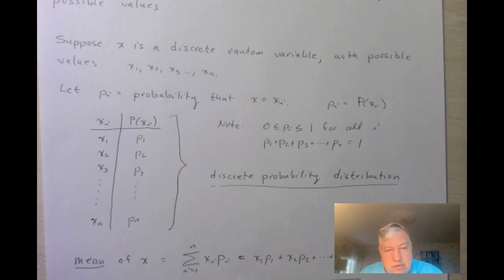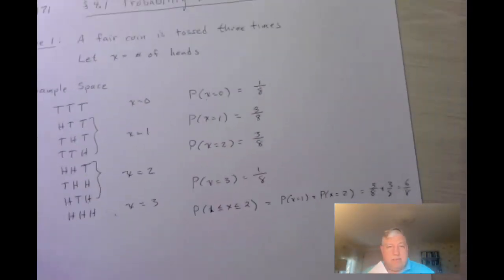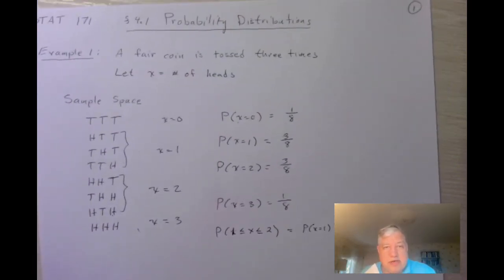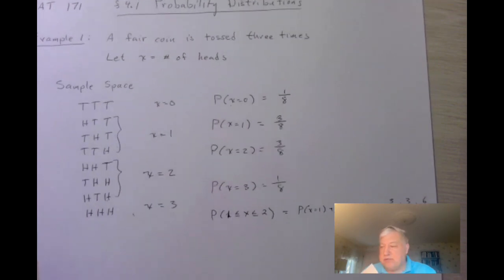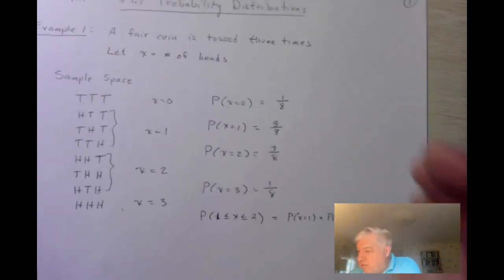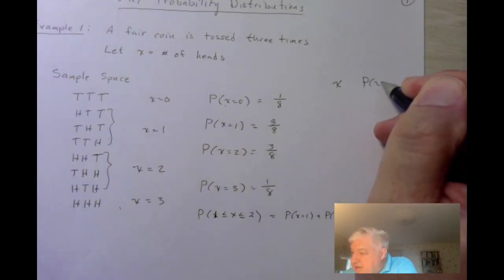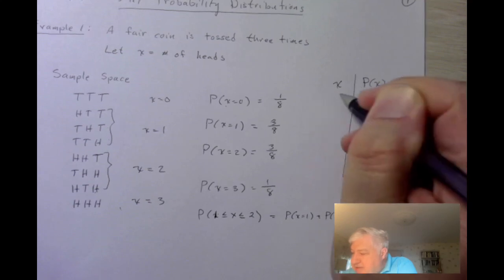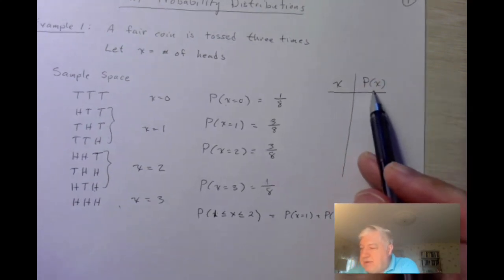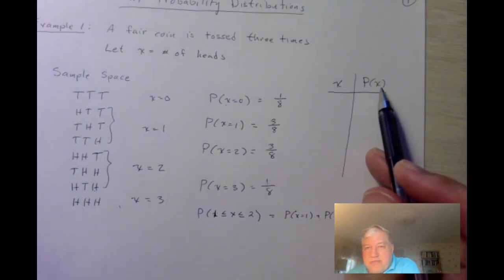Now we did this in our first example, where we were tossing a coin 3 times, and x was the number of heads. We did everything except write a table. We could make a table right here. Here's x, and here's p of x. Now p of x is just the notation for the probability that x is equal to whatever x is.